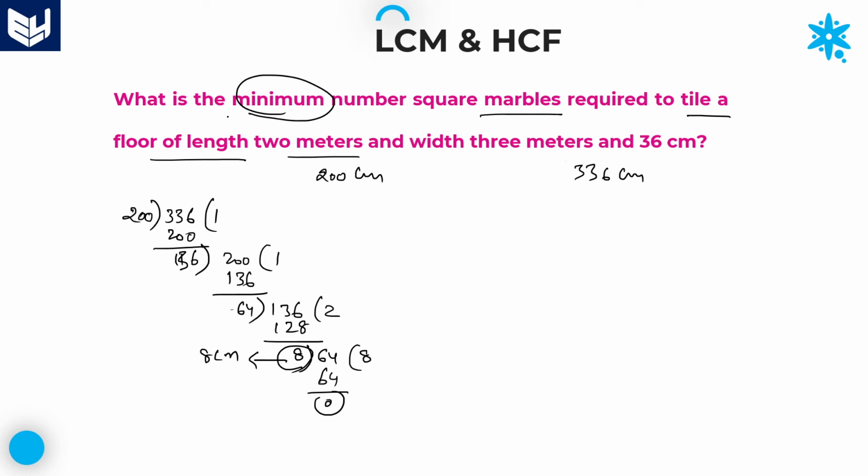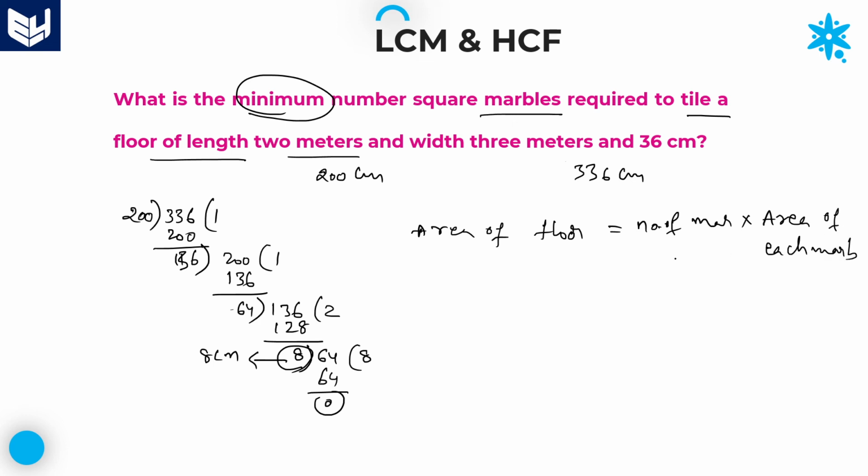Now the question is, what is the minimum number of square marbles? We need to find the number of marbles required to pave the floor. Here the area of the floor is equal to the number of marbles into the area of each marble.